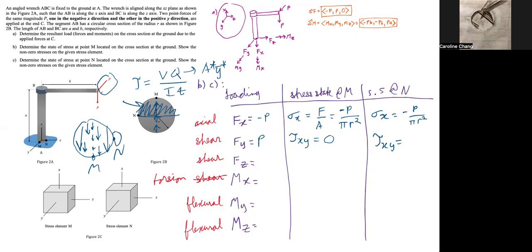It's going to be this distance over here. And notice that the thickness is also maximum at the middle. So that is why in a circular cross-section, the maximum shear stress occurs at point N.